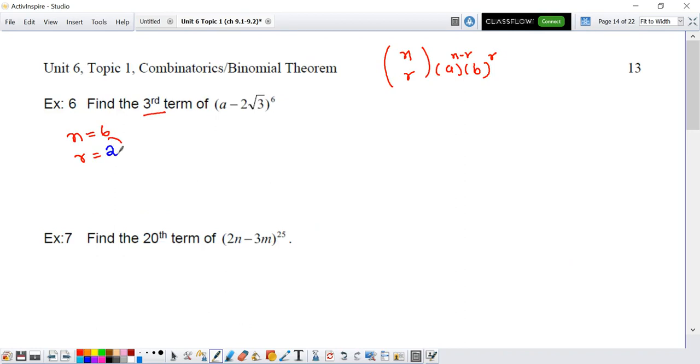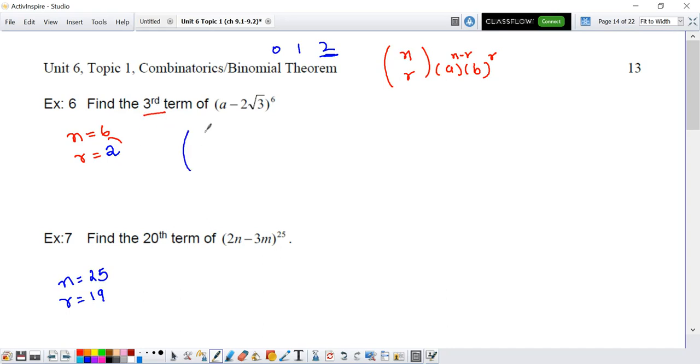Third term means r is 2, because you start with 0, 1, 2. In this case, for the 20th term, r is 19. Think of it that way, one less. n is 25. r is one less than the term number, since you always start from 0.